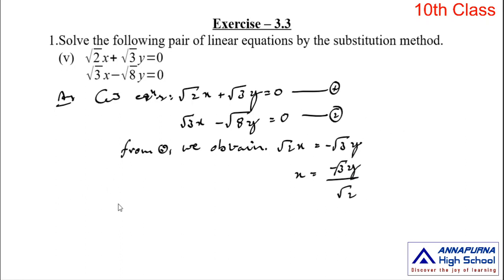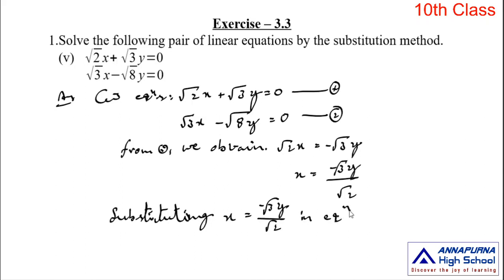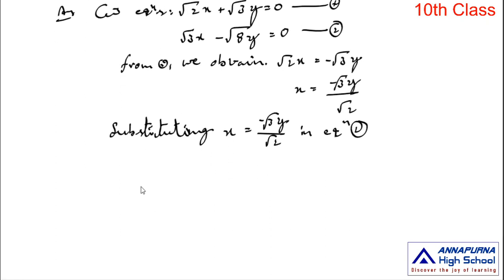Okay, now substituting this x in equation 2. So the second equation is root 3x minus root 8y is equal to 0.